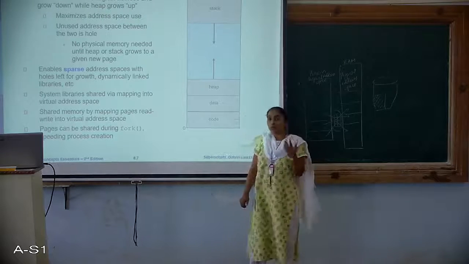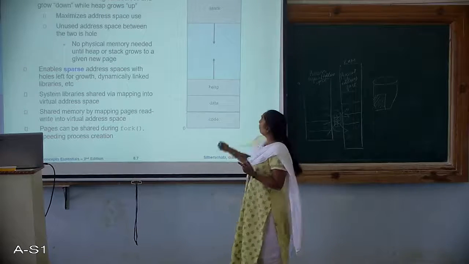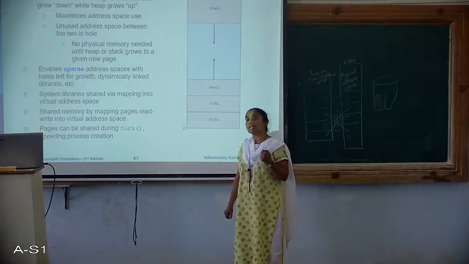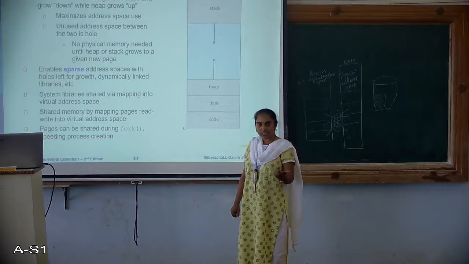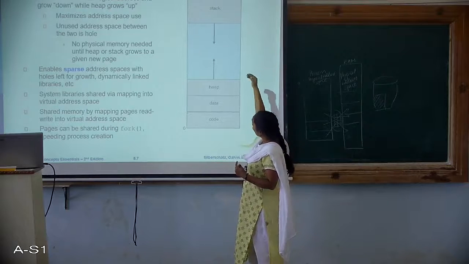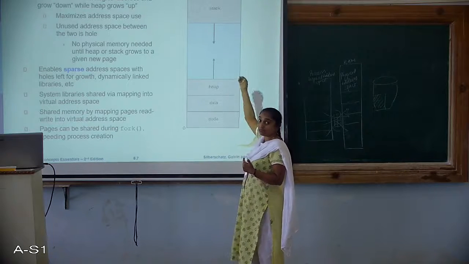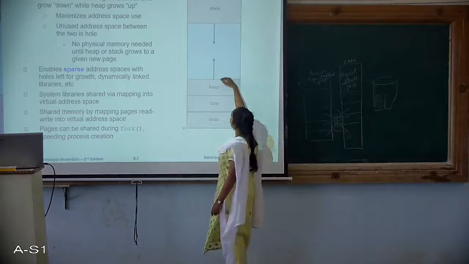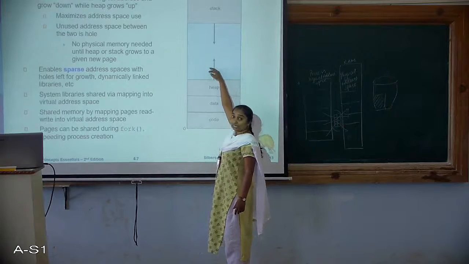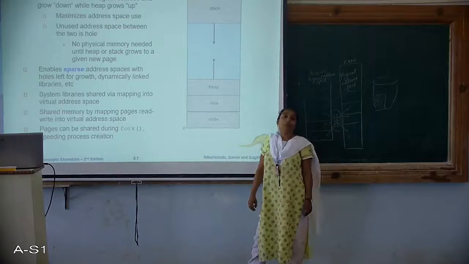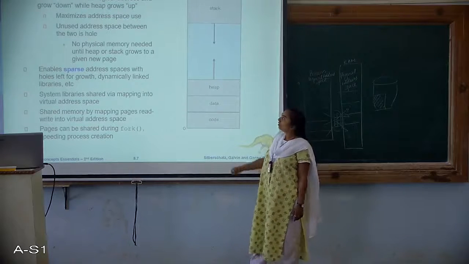Similarly for the stack, if you have local variables declared, those local variables will be allocated space in the stack memory, and as you increase the number of variable declarations, the stack space will increase. So the space between this heap and stack, this varying space, is called the virtual address space.